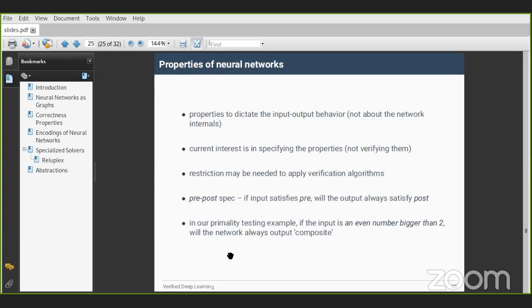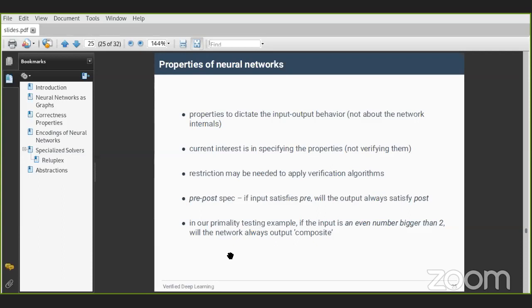Now we'll try to specify, and understand what it means to talk about, properties of neural networks, because this is what we want to do. We have looked at how we can construct neural networks and train them, which is fine, but we also want to argue about them. We'll look at how we specify properties about them, and then with some knowledge of constraint solving and SMT, we'll also learn how to verify these properties about the networks.